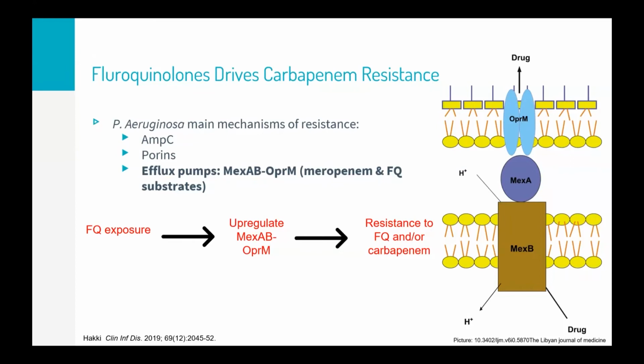So fluoroquinolone exposure can upregulate these efflux pumps and can eventually cause resistance to fluoroquinolones and carbapenems at the same time. So we lose our key player for pseudomonal and ESBL infections when we use fluoroquinolones. And I can show you how clinically significant this can be.